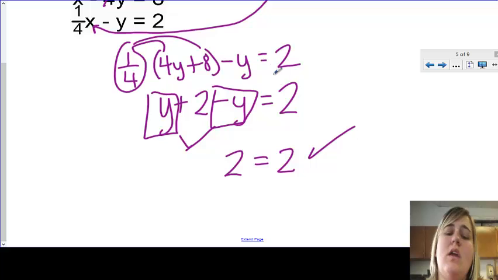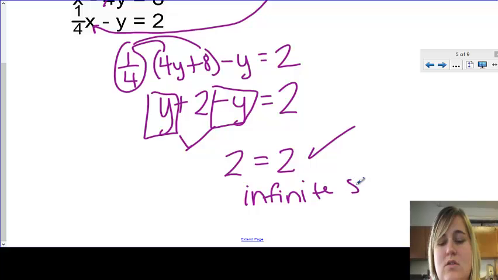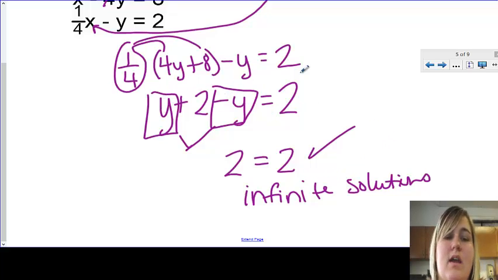And you should remember from when we were trying to solve for just variables in equations, whenever we came out to this, we would say that this meant that there were infinite solutions. I hope that you remember that. Whenever the variable cancels out and they are truly equal to each other, that means that we have infinite solutions. I could plug in anything for y, anything for x, and it's going to give me the same thing.